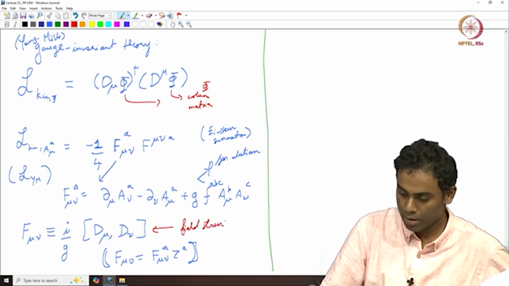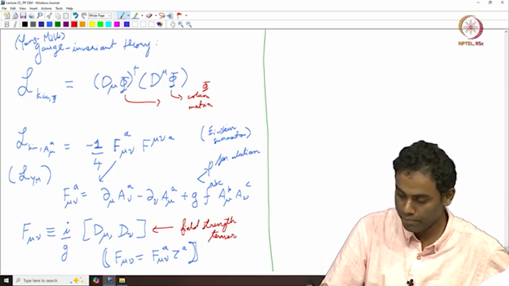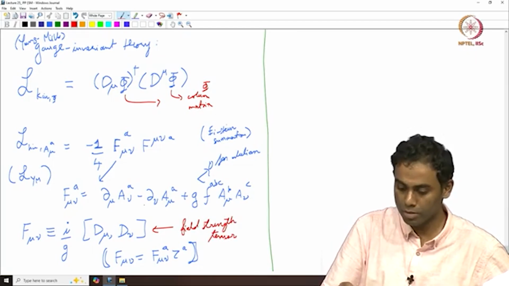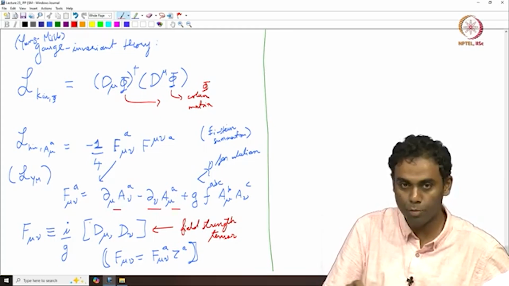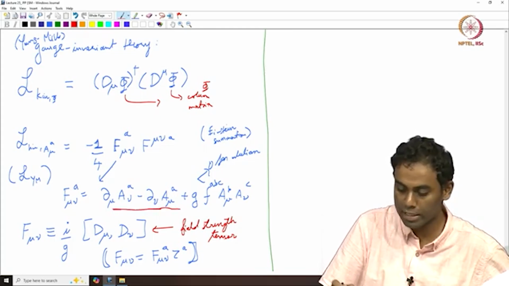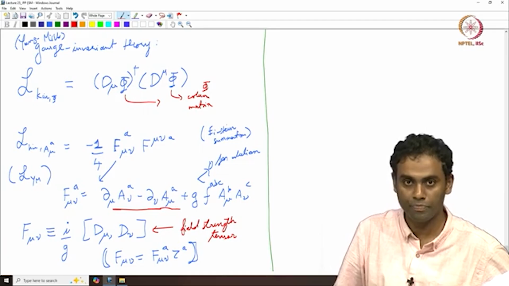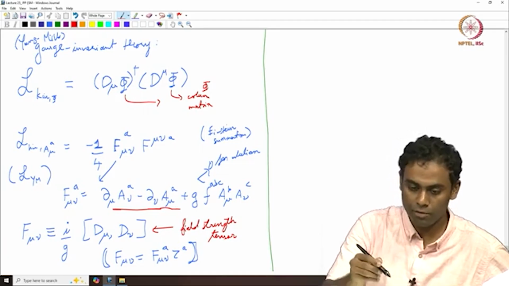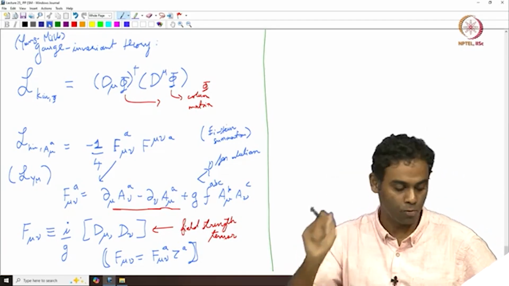Okay. Now go back and convince yourself that for QED, when we wrote down just the first two terms, this commutator of the covariant derivatives is exactly what the first two terms were. I have not yet written down the covariant derivative, but it should be obvious at this point, right?